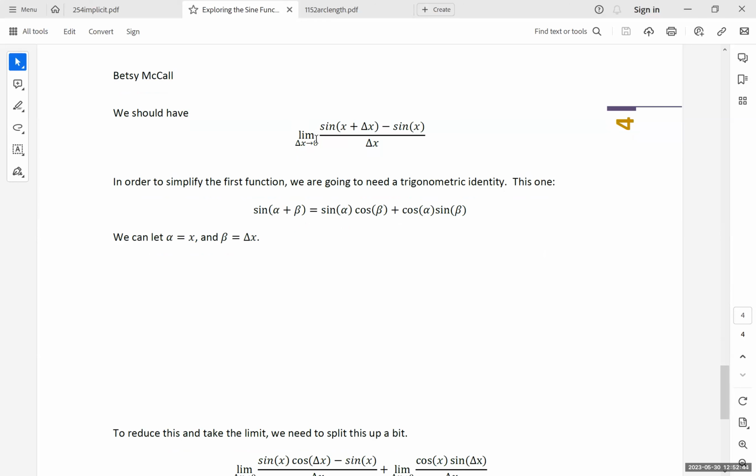If we do that, then we get sine of x plus delta x minus sine of x, divided by delta x. We need to apply the sum formula for sine of alpha plus beta. Here, alpha is going to be x, and beta is our delta x. And then we substitute that.